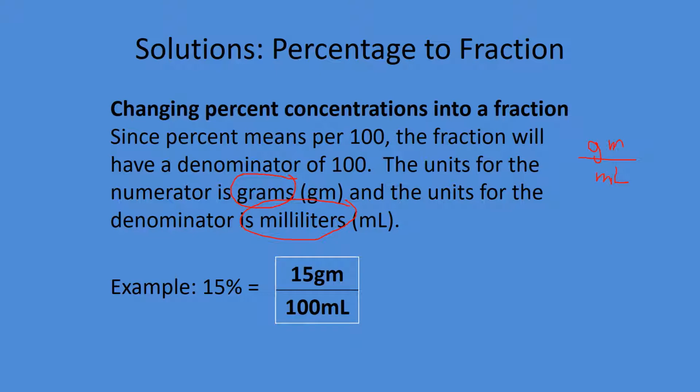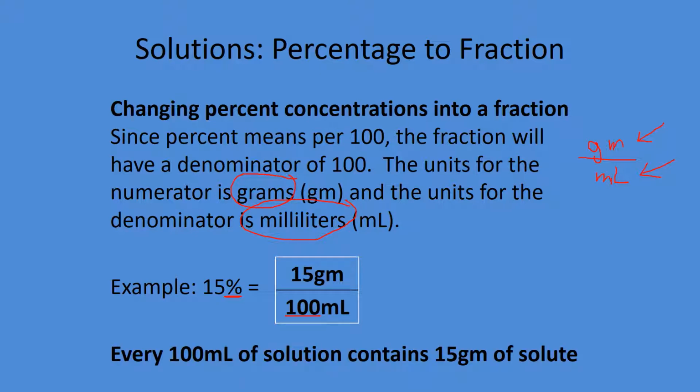Percent. So 15%. Percent just means per 100. So for us, now that we have our numerator units and our denominator units, every time you have a percent, that's going to be 15 grams per 100 mL, since per cent means per 100. Conversely, there's going to be 15 grams of dissolved solute within a total solution volume of 100 mLs.